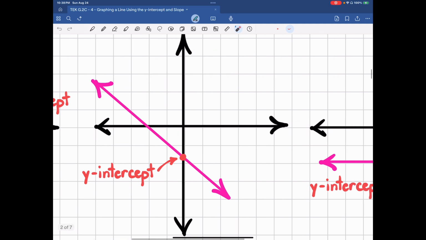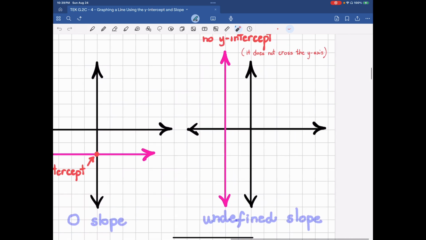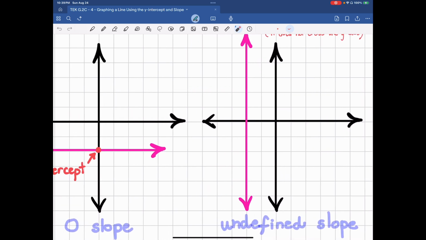If we look at a graph of a horizontal line, which means the slope is 0, you will be able to tell what the y-intercept is because the graph intersects it on the y-axis. Let's look at this concept of an undefined slope. An undefined slope means that it's a vertical line.